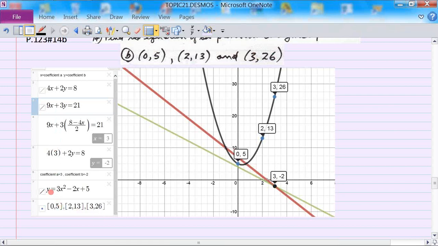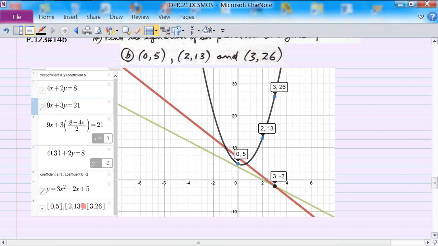Now, what I did here in boxes 7 and 8 was first of all to put the equation in, because I know A is 3 right here, I know B is minus 2, and I know C is 5, and I get this graph right here. So there's the graph corresponding to that.